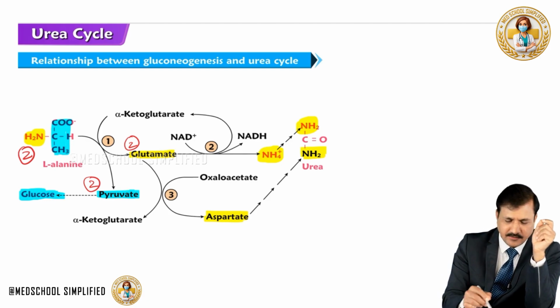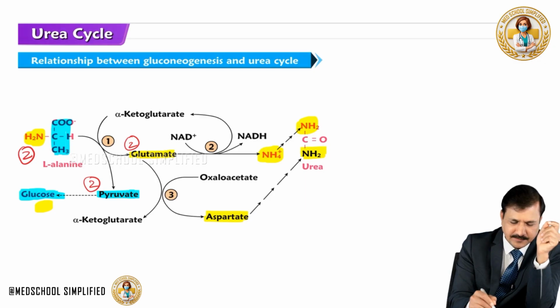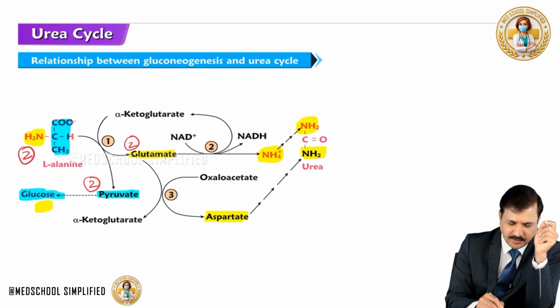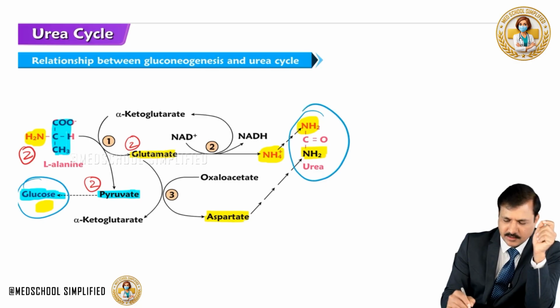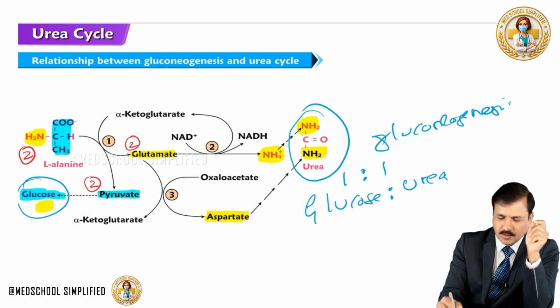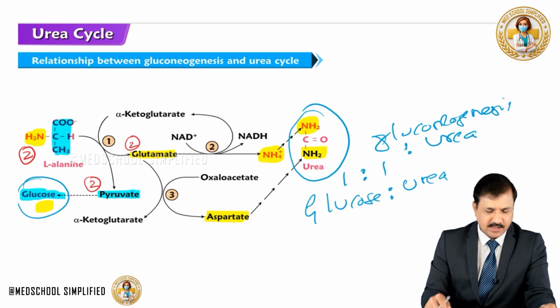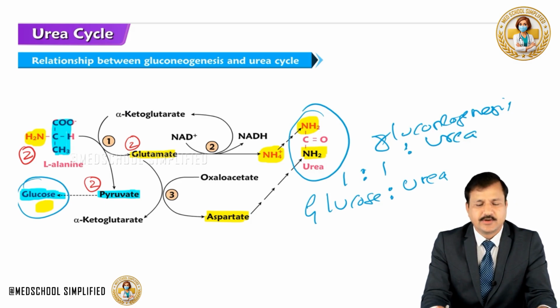That means for every glucose that is made in the liver, there will be formation of 1 urea molecule. The glucose to urea is a 1:1 ratio during gluconeogenesis. So gluconeogenesis goes hand in hand with urea cycle. Okay, you got to remember that. That's the relationship between gluconeogenesis and urea cycle.